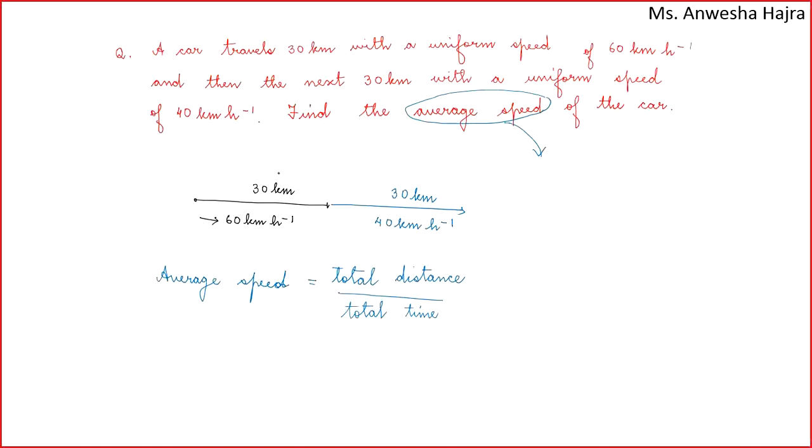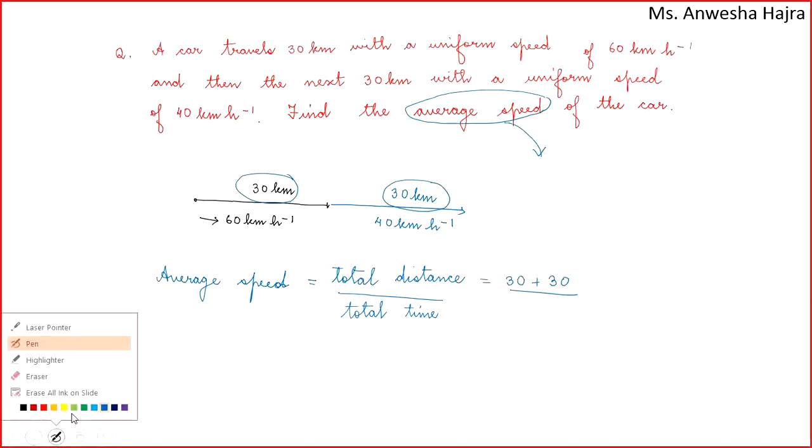Total distance we know is 30 plus 30. But we don't know the total time. We have to calculate the time.